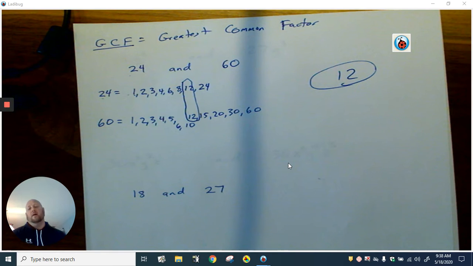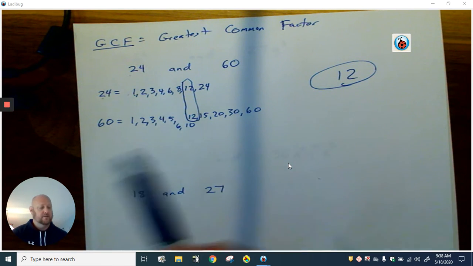Now, that's one method of doing that. But I'm not a big fan of that method because, as you can see, there's one problem: you could easily make a mistake. You just forget one combination, and you just miss one.